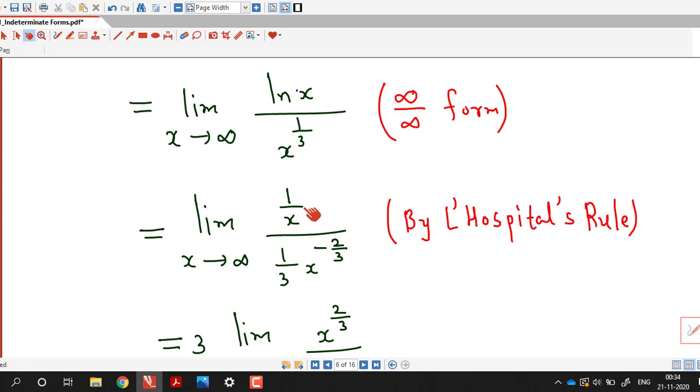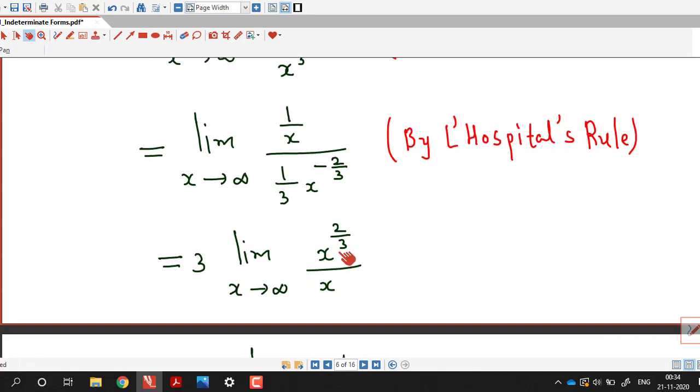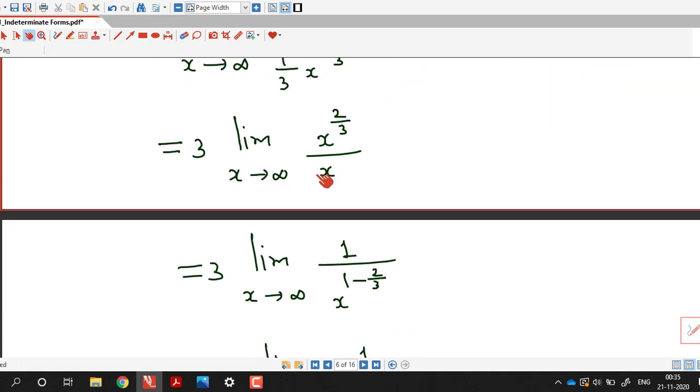So derivative of log x is 1 by x, and derivative of x to the power 1 by 3 is 1 by 3 x to the power 1 by 3 minus 1, which is minus 2 by 3. Now we can rewrite this: if we take 1 by 3 in the numerator, it is going to be 3, and this we can rewrite as x to the power 2 by 3 over x, and again we can rewrite this as x over x to the power 1 minus 2 by 3.